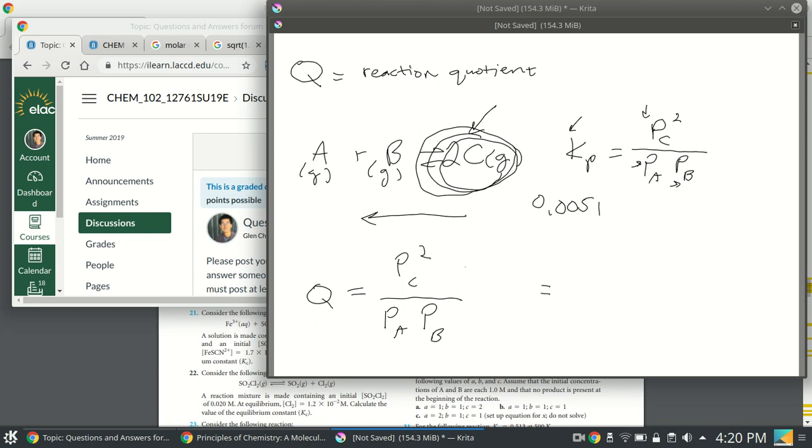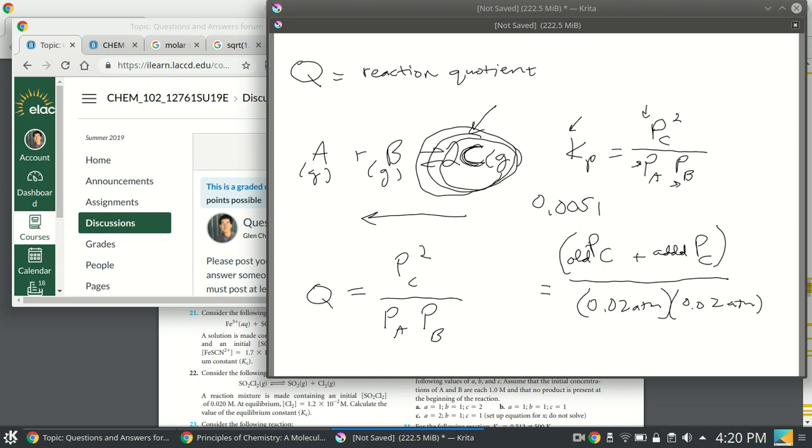So, suppose the new pressure of C is the initial pressure of C plus the added pressure of C. So that constitutes the new C, divided by the PA, let's say the PA was 0.02 atmospheres, and divided by the PB, let's say the PB was also 0.02 atmospheres.